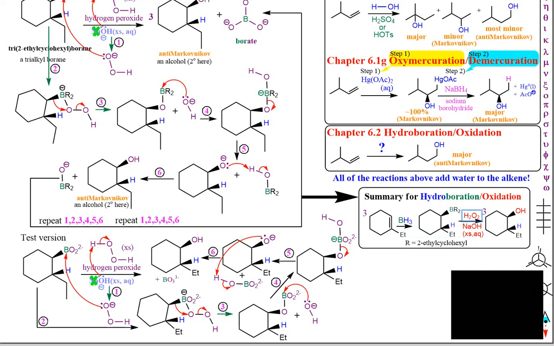Treatment with hydrogen peroxide, sodium hydroxide, and keeping in mind excess stands for excess. The word excess means there's extra hydroxide and peroxide. So that we can do this 3 times and make 3 alcohols.